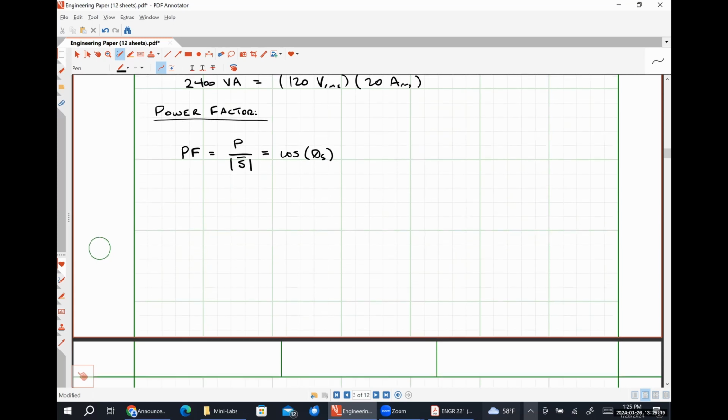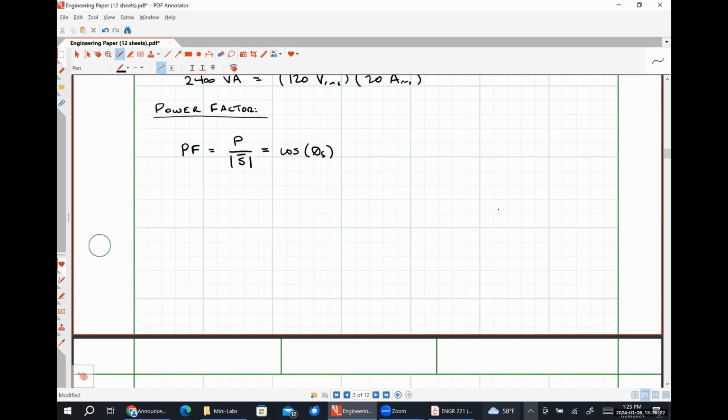So when zero degrees is less than theta S is less than, I'm hesitating here because I'm unsure of whether I'm about to say 90 degrees or 180 degrees.